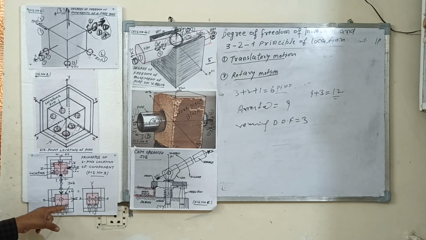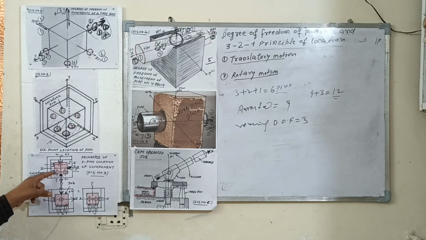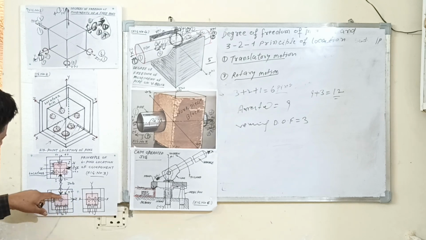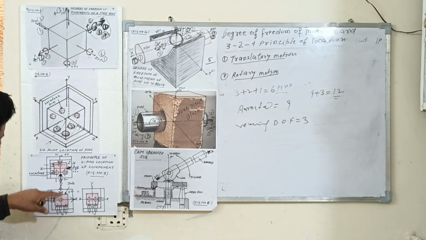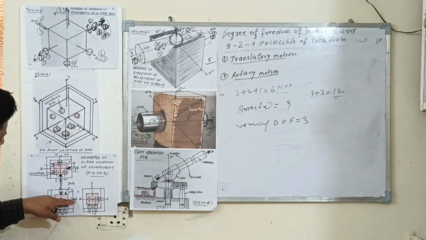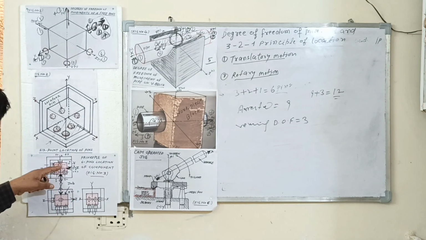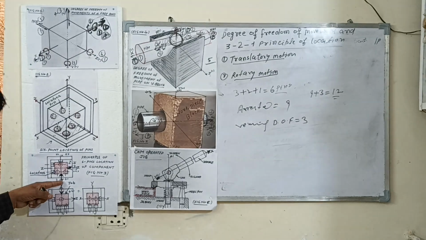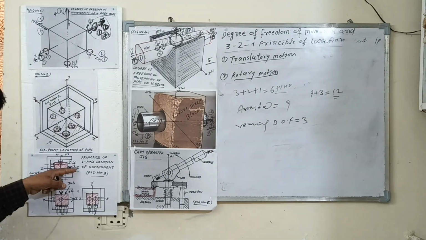The 3 pins here, one pin at the side, 2 pins here, 1 pin here. The body can be moved along the y-axis, and along the z-axis. The workpiece can be moved in this y direction, or in the z direction.